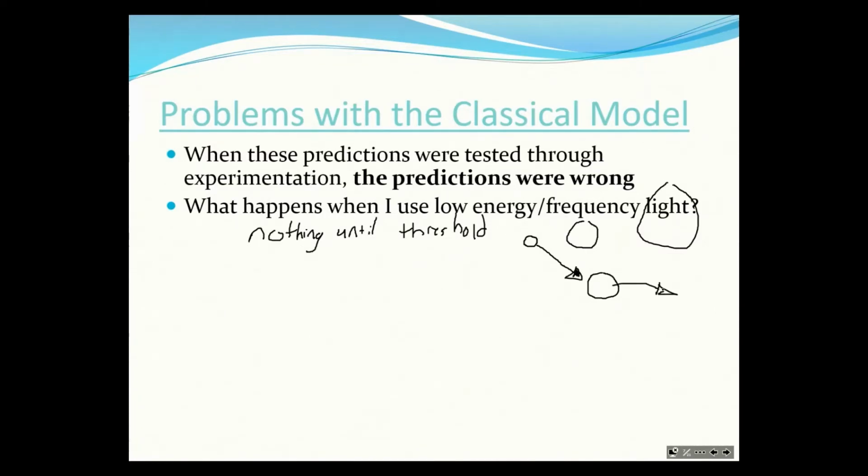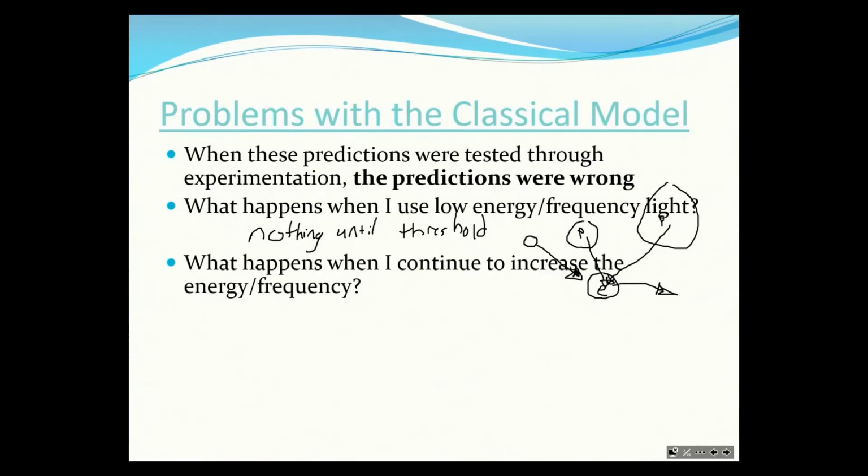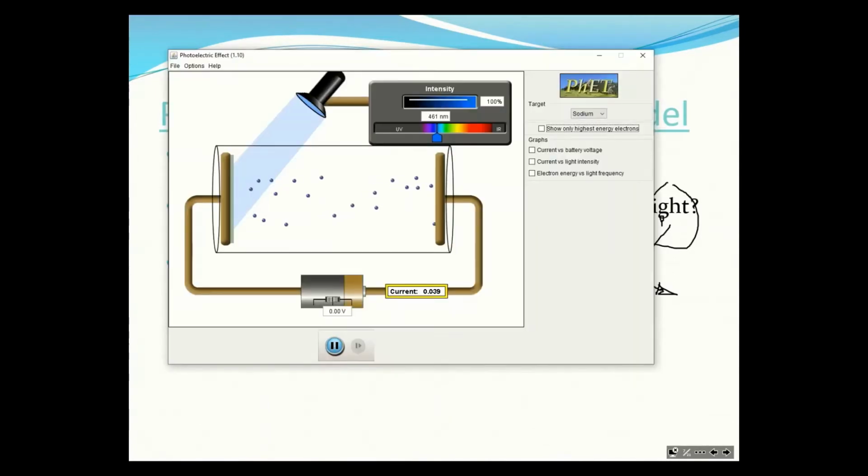But if I increase the energy, oh yes, now all of a sudden I can get that electron to fire off, right? These big energy photons can get this electron to fire off. And if I continue to increase my frequency past that point, I get faster electrons, so they go faster.